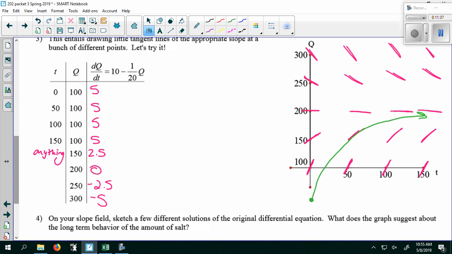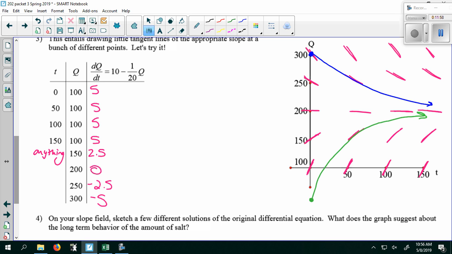And we can sketch in a few different initial conditions. What if we start with 300 gallons of salt in the tank? It's going to follow these tangent lines and decrease down towards 200 gallons of salt.